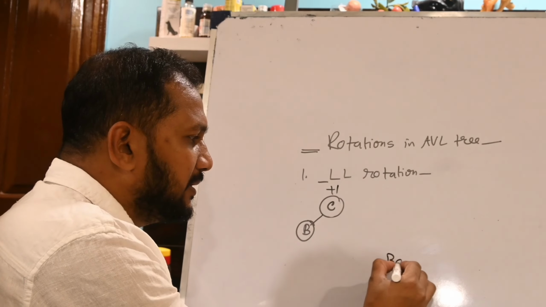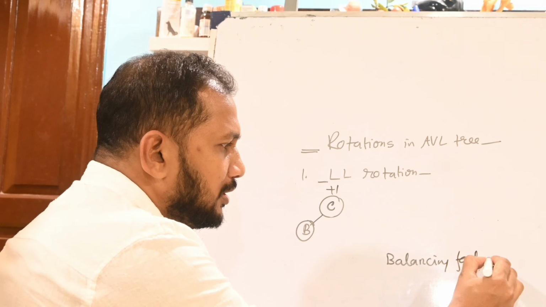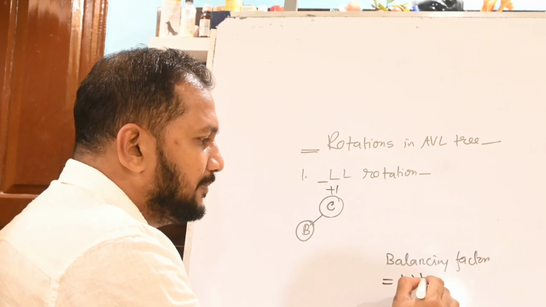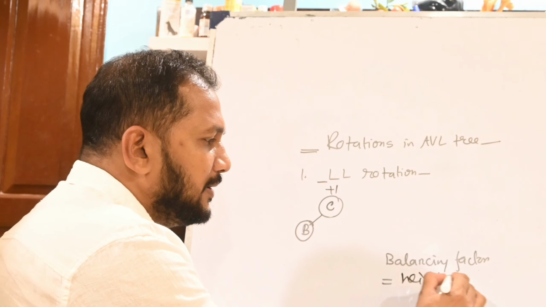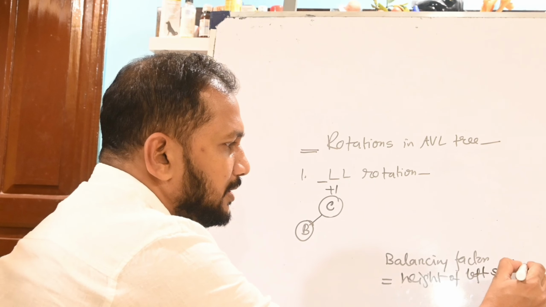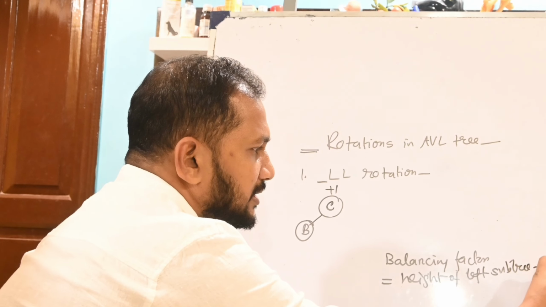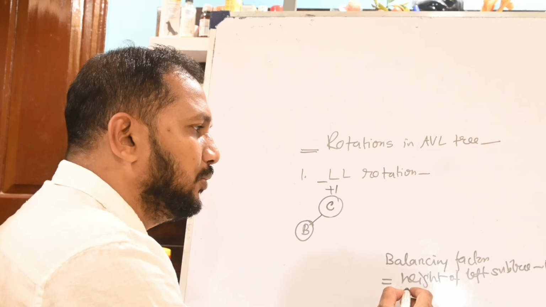Remember, balancing factor equals height of left subtree minus height of right subtree.